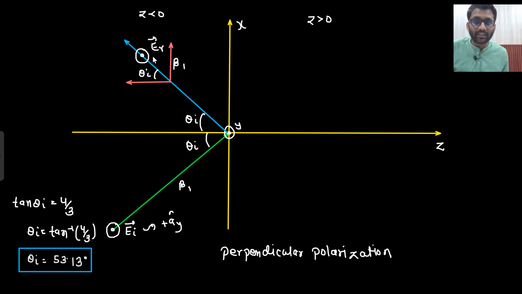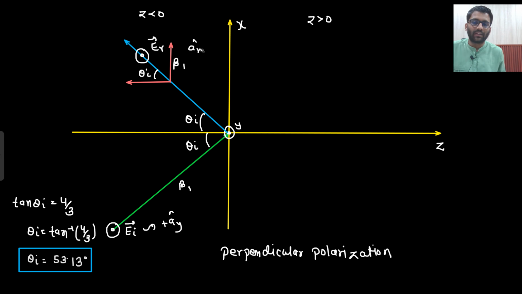For writing down the direction, I will take the vector magnitude as 1. So 1 cos theta i minus a_z cap, plus 1 sin theta i a_x cap. Are you getting this point? This is how I will write it down.